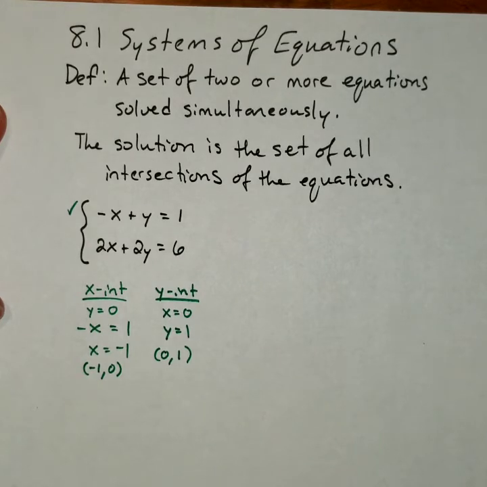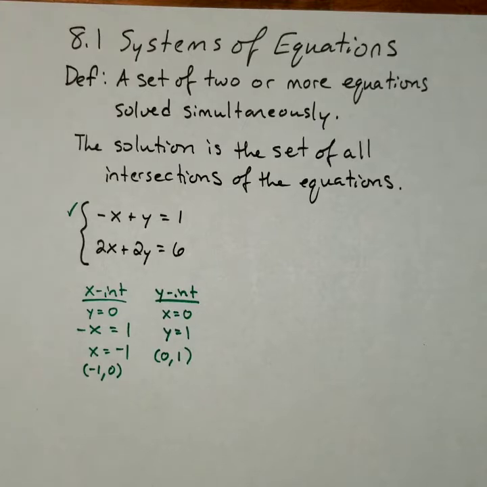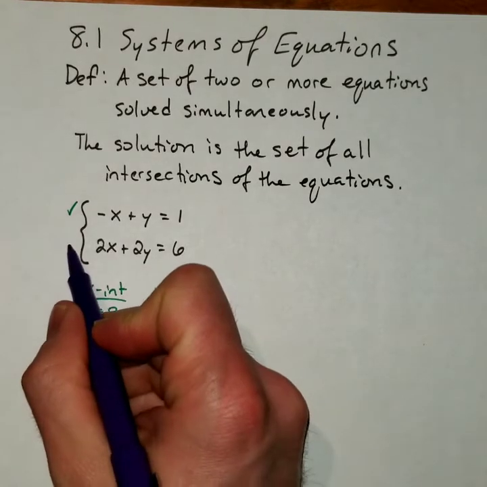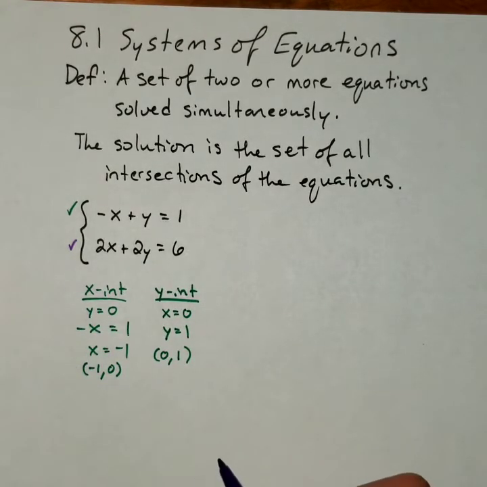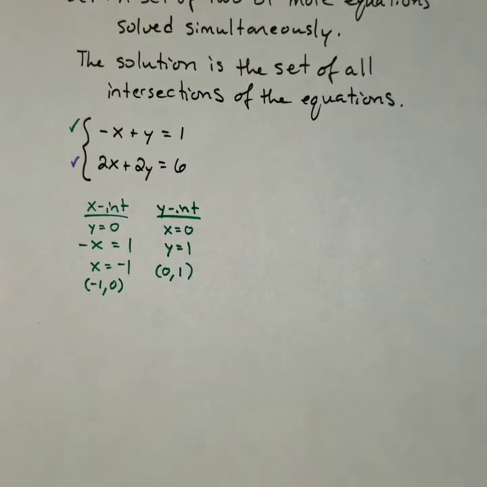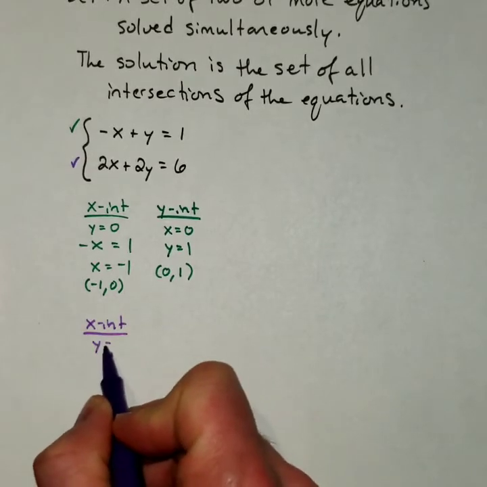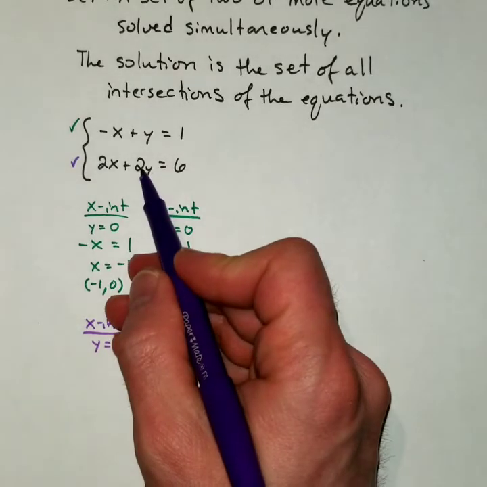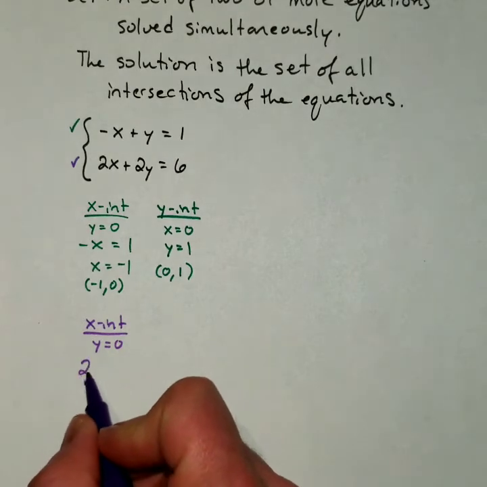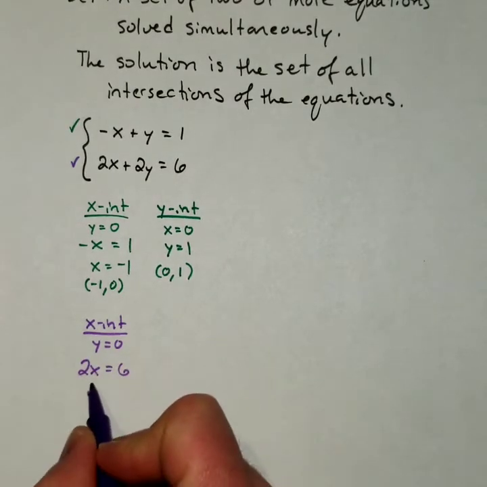Alright, so now for the other equation, so that was the green one. Let's do the other one in purple. Just change the color up a little bit. Alright, let's slide this up. And so let's do the x-intercept. Again, the y value starts out as 0. If the y value is 0, I'm going to be left with 2x equals 6.